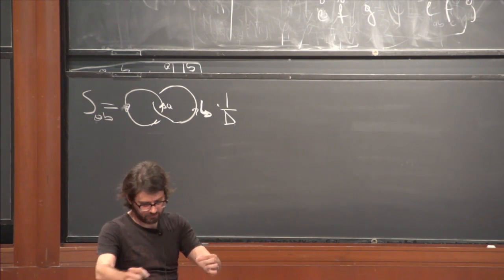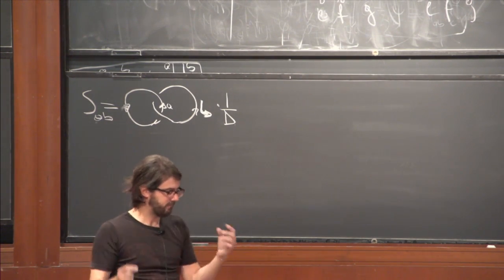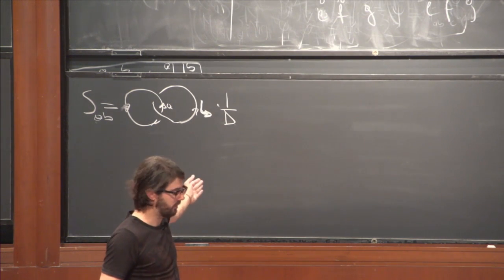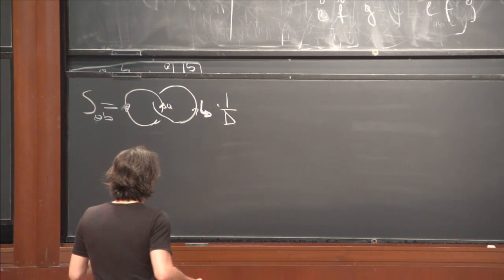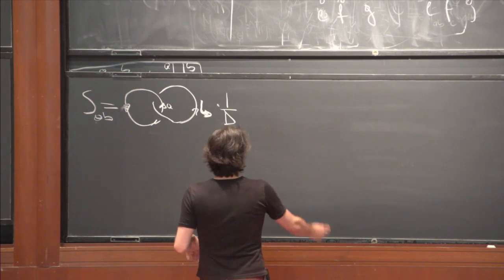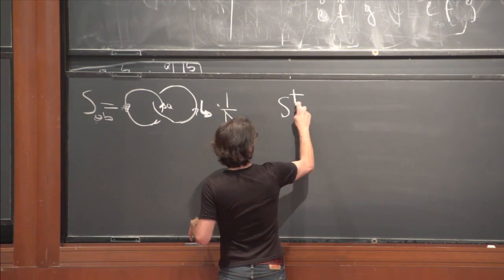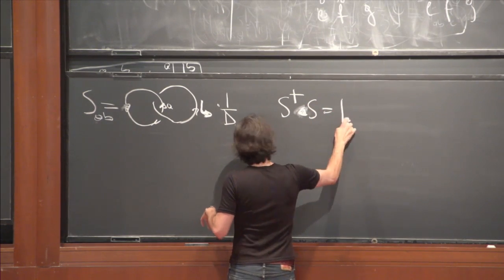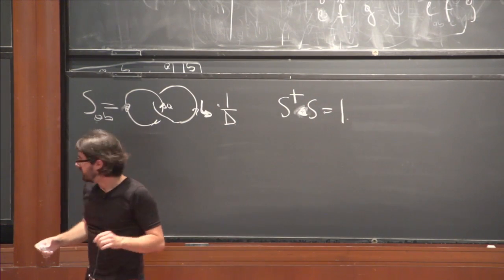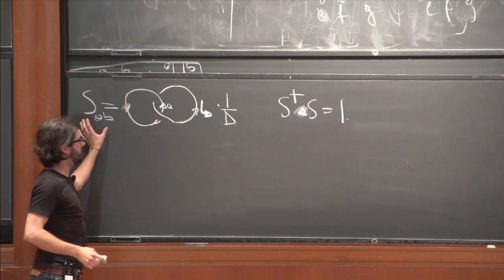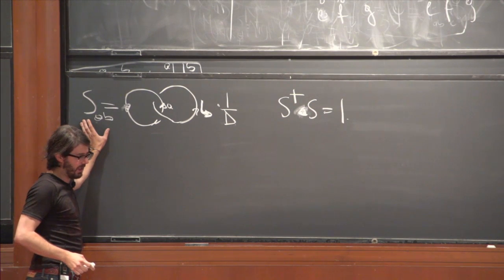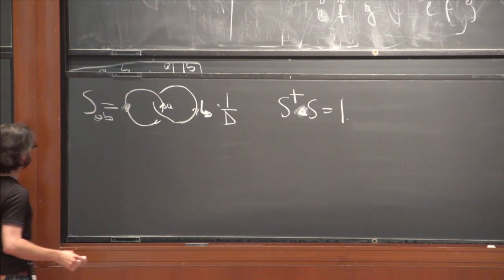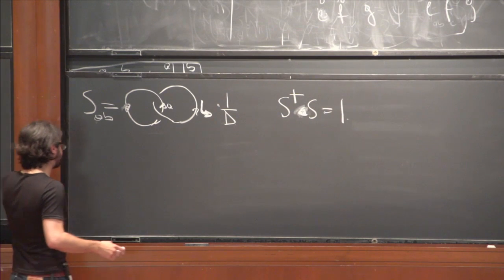I've just taken one particle, B, and taken it around A. And this is a number that I'm going to get. And this matrix is unitary, which I haven't proved to you, but one can prove, okay? So I want to show you that there's a relation between this S matrix and these fusion coefficients, okay?